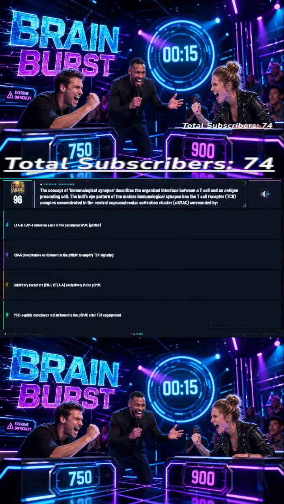Question 96. The concept of the immunological synapse describes the organized interface between a T cell and an antigen-presenting cell. The bullseye pattern of the mature immunological synapse has the T cell receptor, TCR, complex concentrated in the central supramolecular activation cluster, cSMAC, surrounded by Option A, LFA-1/ICAM-1 adhesion pairs in the peripheral SMAC, pSMAC.